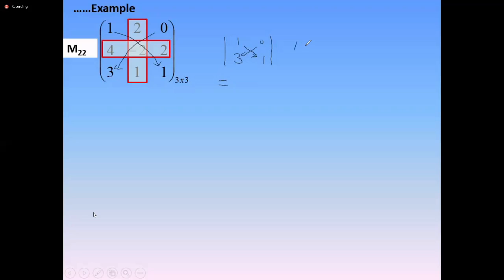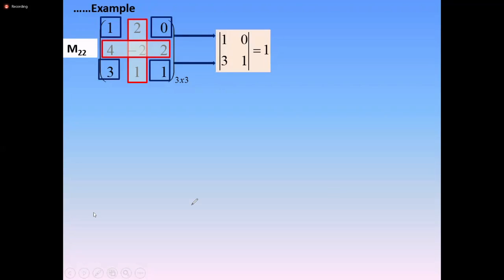So 1 by 1 minus 3 by 0, then 1 is the answer. So those 4 figures make the determinant, and the value is 1.